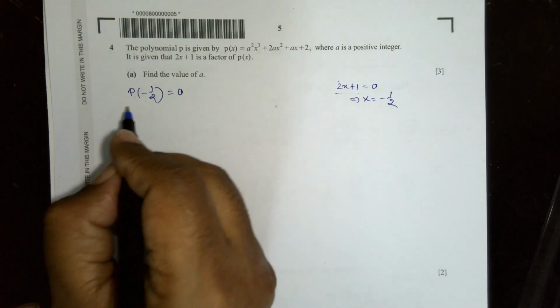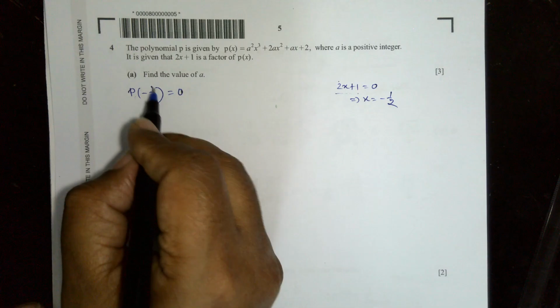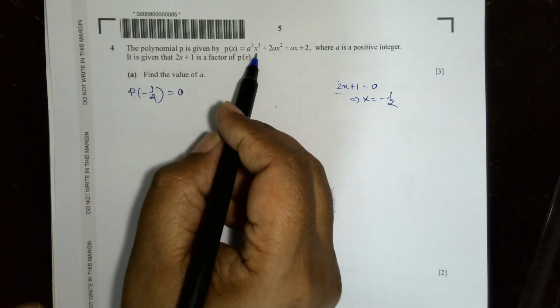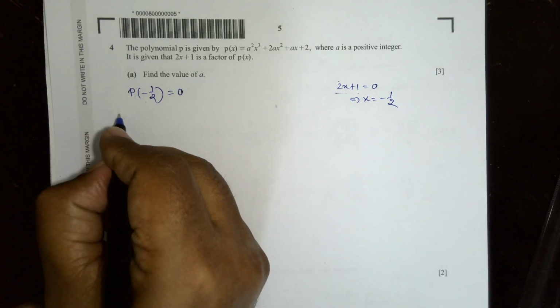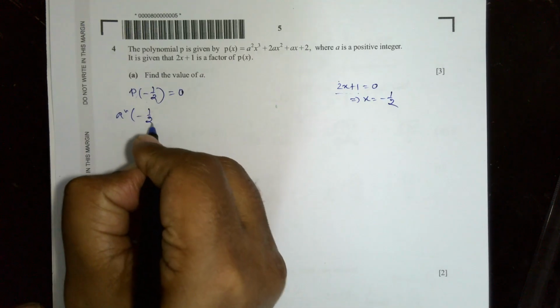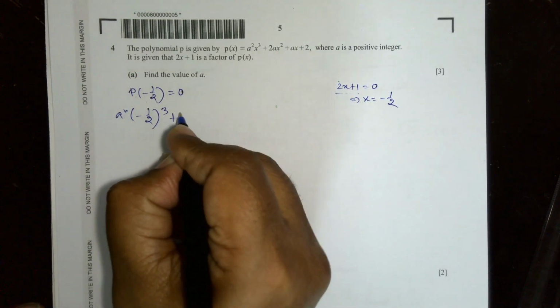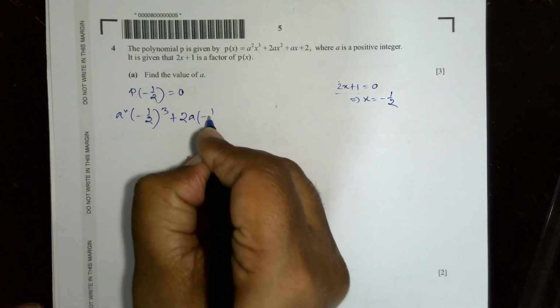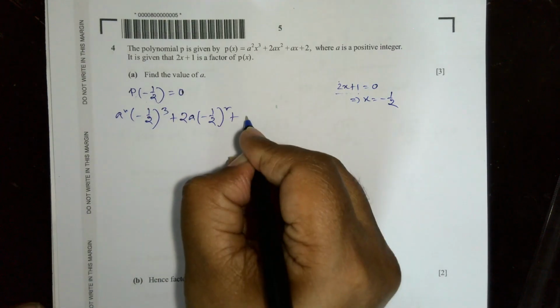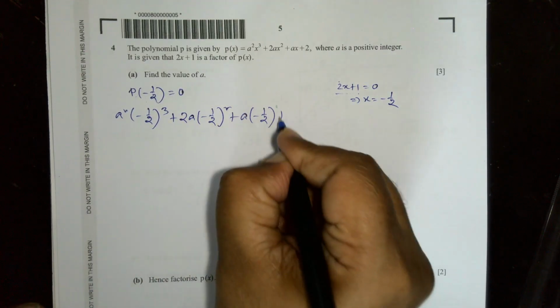So now substituting minus half instead of x, I can write a squared times (minus half) whole cubed plus 2a times (minus half) whole squared plus a times minus half plus 2 is equal to 0.